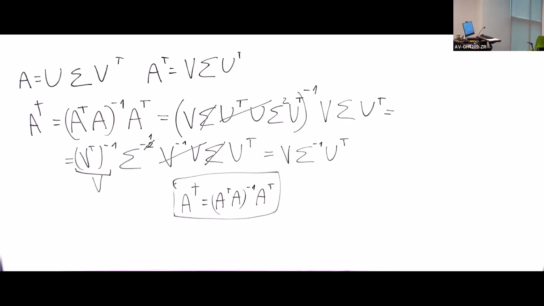Like how to remember that formula without going each time to textbook or to lecture. So here's how you do that. You have a system which is AX equals B. This is a system that you want to solve. So what you do, you multiply both sides by A transpose.